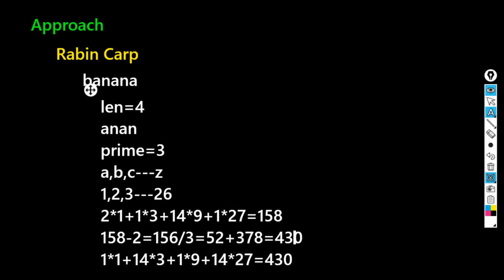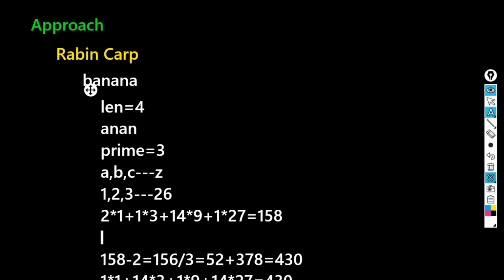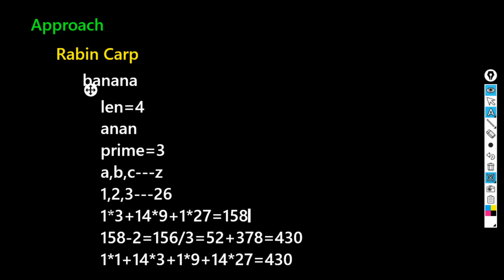Now we will see why these two values come out the same. First of all, we are subtracting this value. After subtracting, it will look like this. Now we are dividing this value by 3, so here it will be 1, here it will be 3, and here it will be 9.